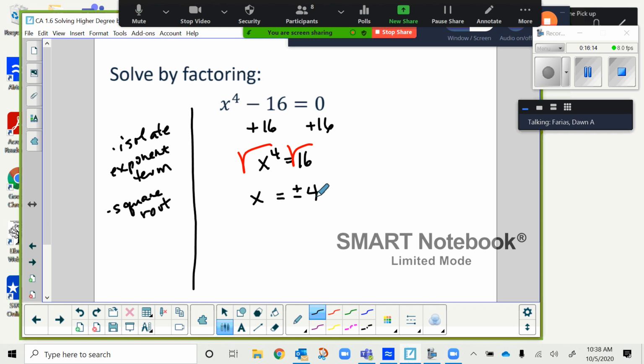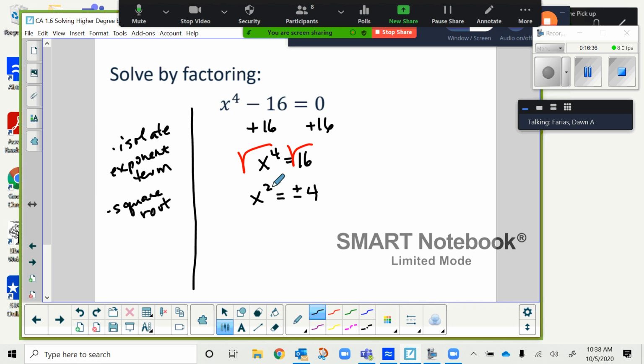Exactly. Perfect. And so this is not the stopping point of the problem. Because when you take the square root of x to the 4 on the left, you get x squared. And when you get x squared, you have to understand you're not done, right? There is more work to do.